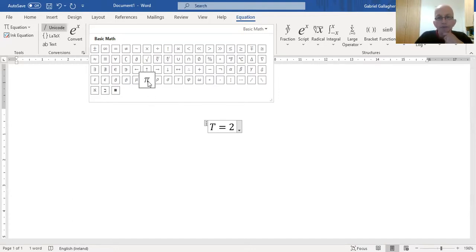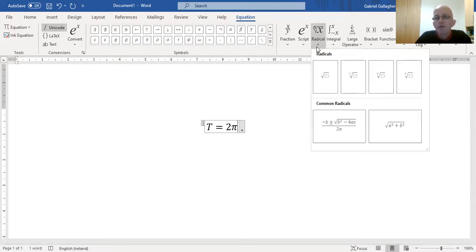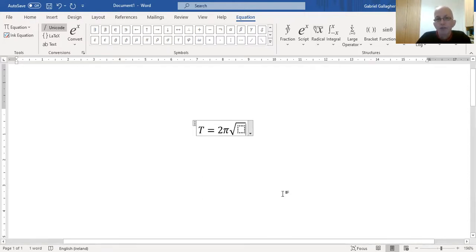So put in pi. Then I want the square root of. That structure is referred to in maths as a radical. So we'll go up to where the radicals are here, and it allows me to put in a square root or a root symbol with other powers. So I only need the basic square root.